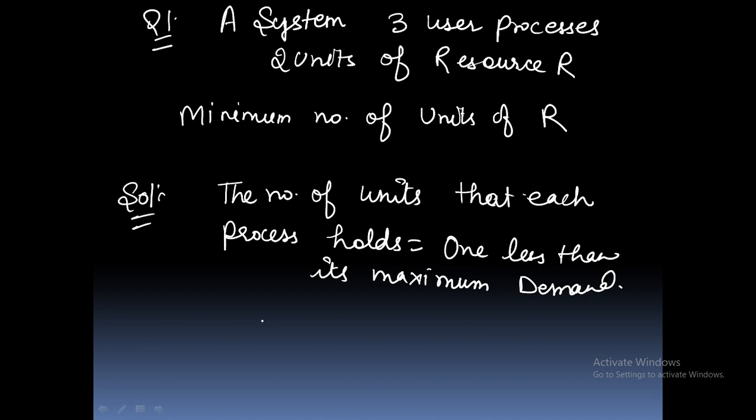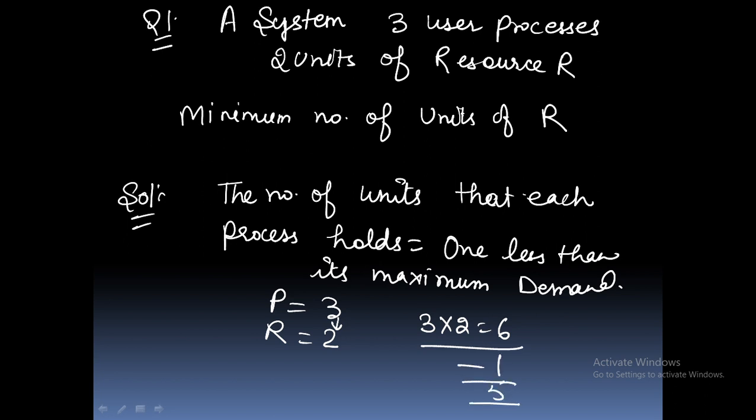There are 3 processes and each process requires 2. That means 3 into 2 is 6, less 1, that is 5. But how to calculate it?